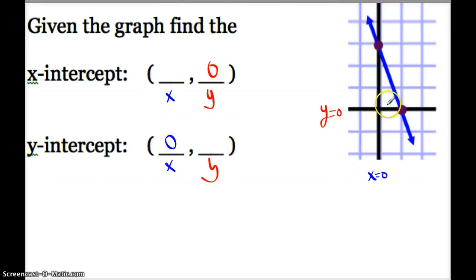That's here. Find your x values. This is x equals 0. This is x equals 1. This one over here is x equals 0, y equals 1, y equals 2, y equals 3. 0, 3.